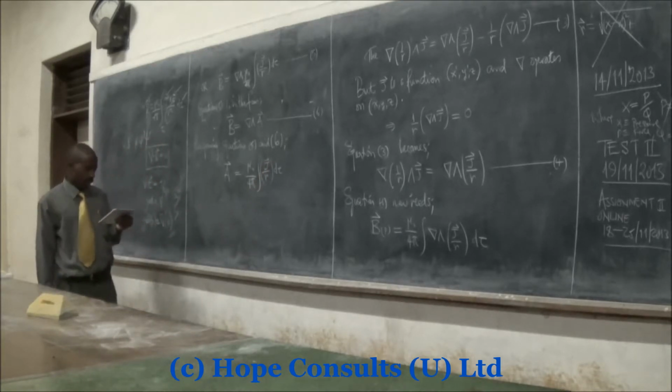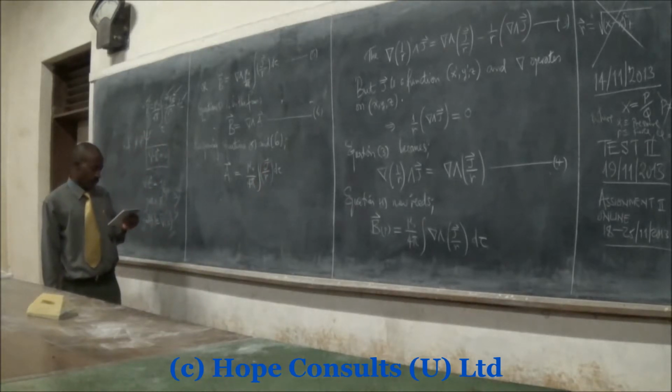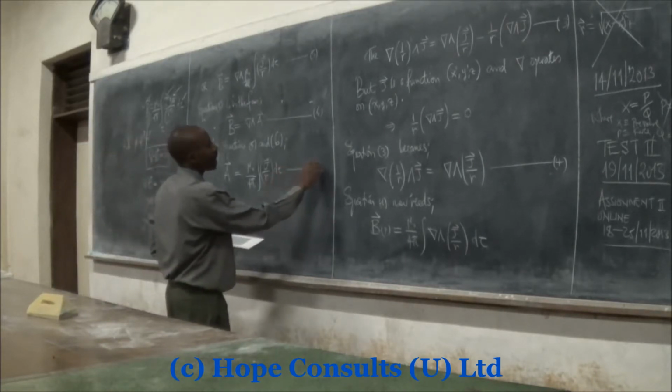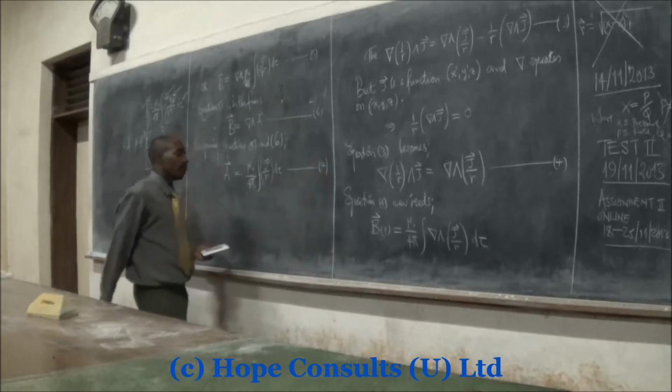That gives us what we call our magnetic vector potential, and we can baptize this our equation 7.